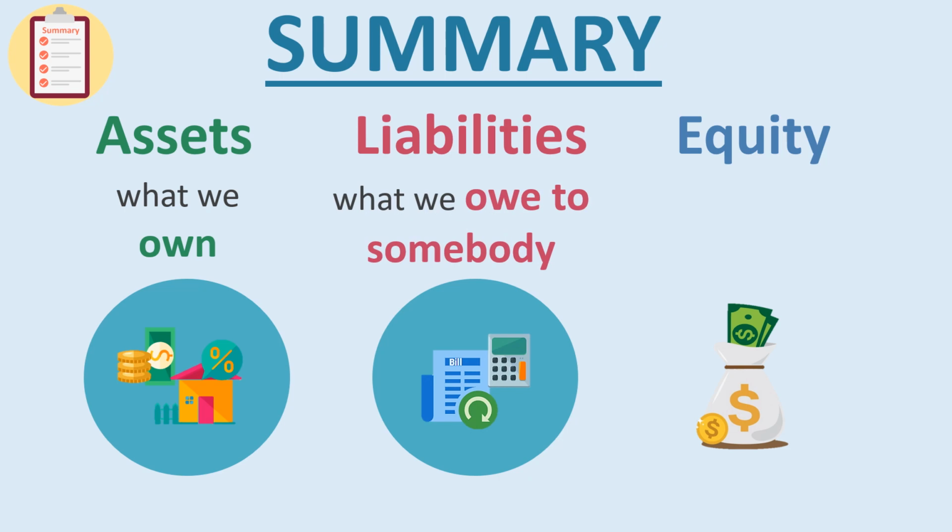Liabilities owed to banks, to lease or credit card companies. Liabilities are opposite to assets because we need to spend our cash in order to settle them. And finally, equity is an amount that we owe to ourselves. It shows how rich we are and how much money is somebody going to inherit from us.